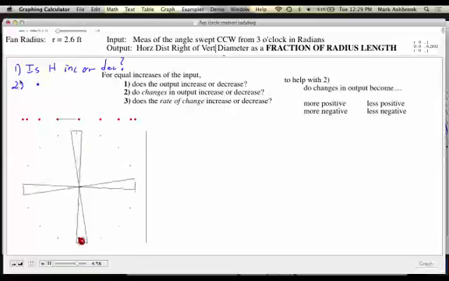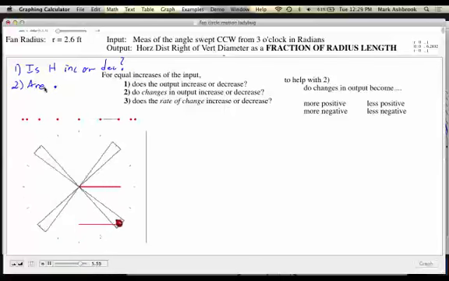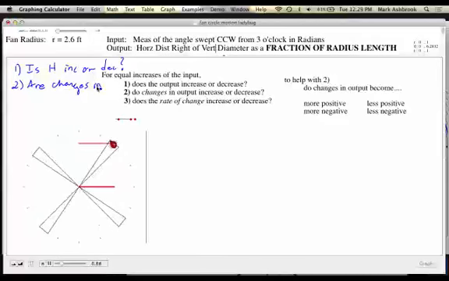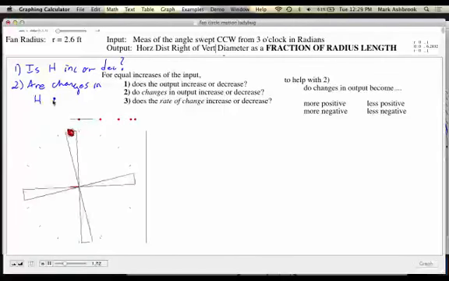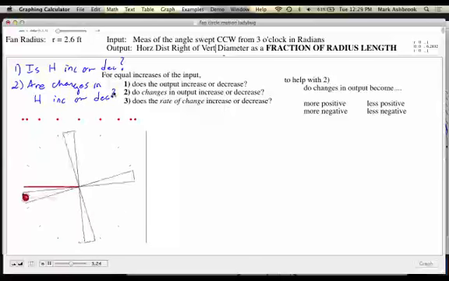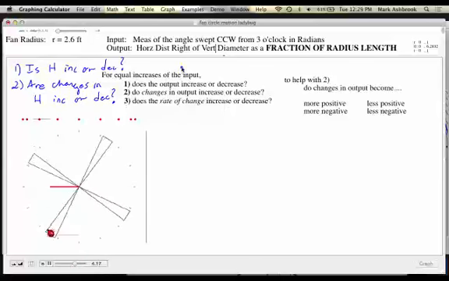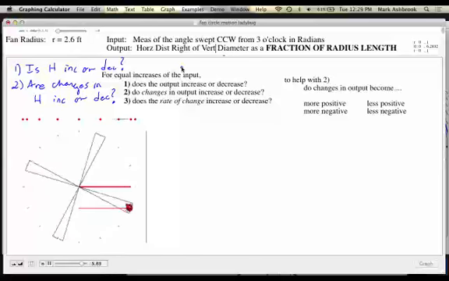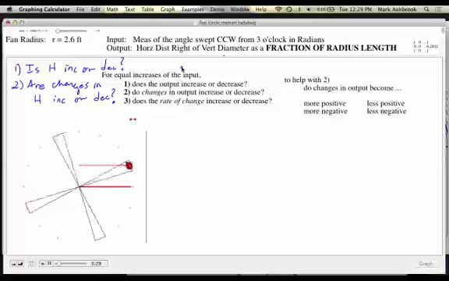Two, are changes in h increasing or decreasing? That's the same thing as asking what the rate of change is doing, and that will determine whether the graph there is concave up or concave down.